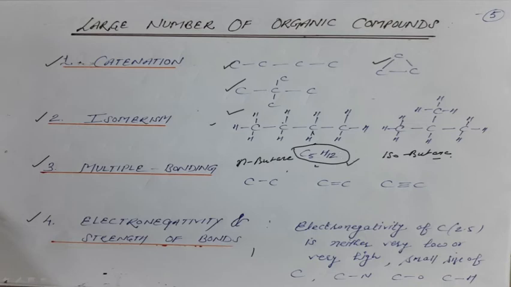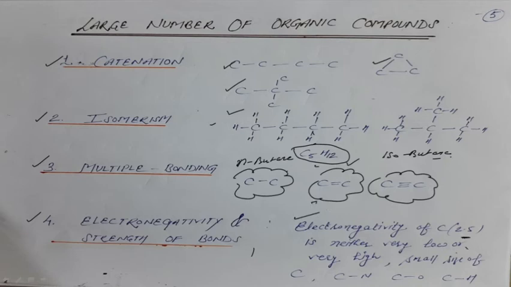Multiple bonding. In multiple bonding you can see carbon can make a single bond, a double bond, and a triple bond. Fourth is electronegativity. The electronegativity of carbon is 2.5, which is neither very low nor very high. The small size of carbon is another factor.